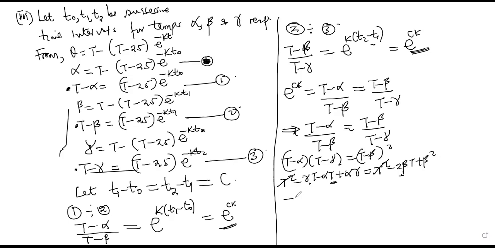So I will have negative γt, minus αt, plus 2βt is equal to β squared minus αγ.